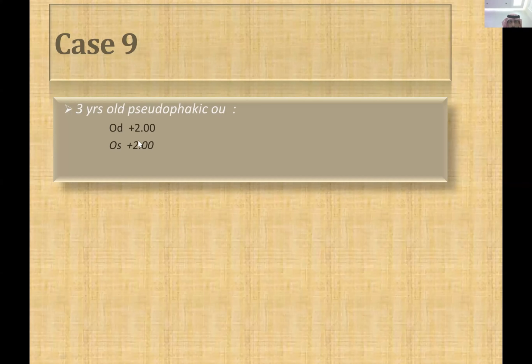This is my last case, and then we'll receive the questions. 3 years old with pseudophakia OU. What will you do, or how much will you give? Let me see the answer first.